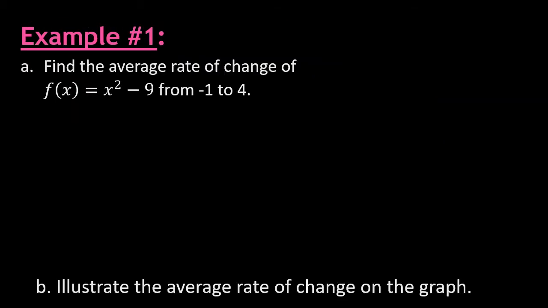So when we talk about finding the average rate of change on a graph, our function this time is f of x equals x squared minus 9. I look at that and I'm thinking, wow, I have a concave up parabola. If I were to do a super quick sketch, it might look something like this. What you have to remember on these is that this value is x1 and this value is x2.